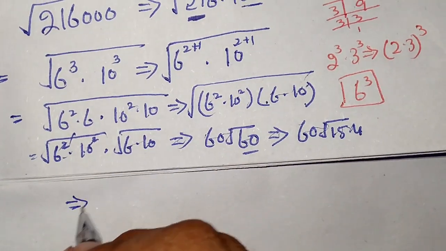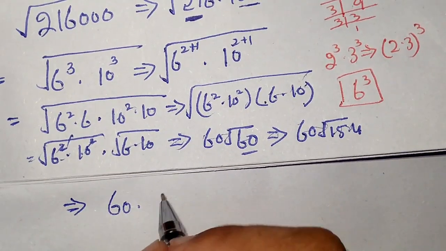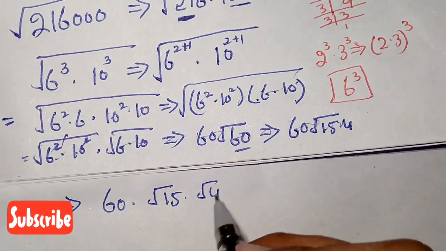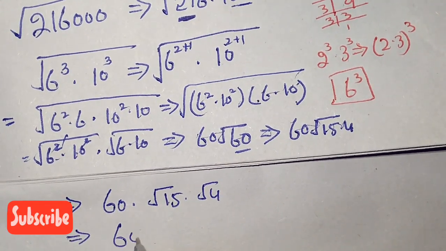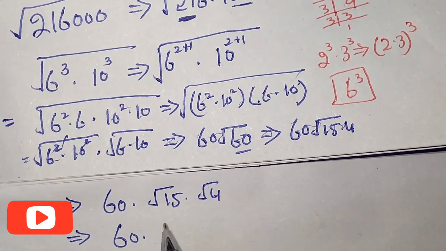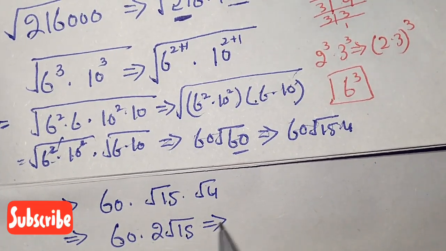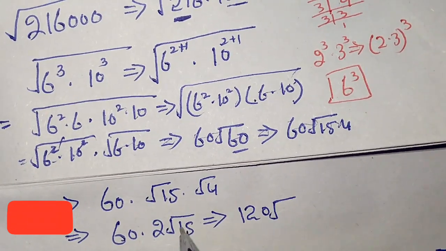In the next step, 60 times square root of 15 times the square root of 4. This will be equal to 60 times, the square root of 4 is equal to 2, times square root of 15. Finally, 60 times 2 is equal to 120 times the square root of 15.